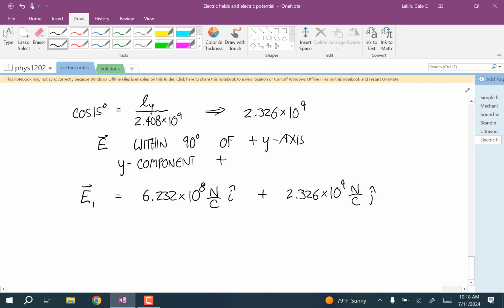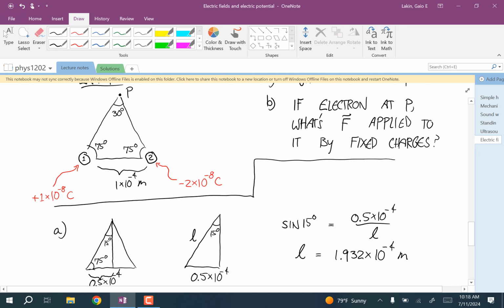Now we have to do the same thing for the other fixed charge. We've figured out the electric field vector at P just due to 1. Now we have to figure out the electric field vector at P just due to 2.